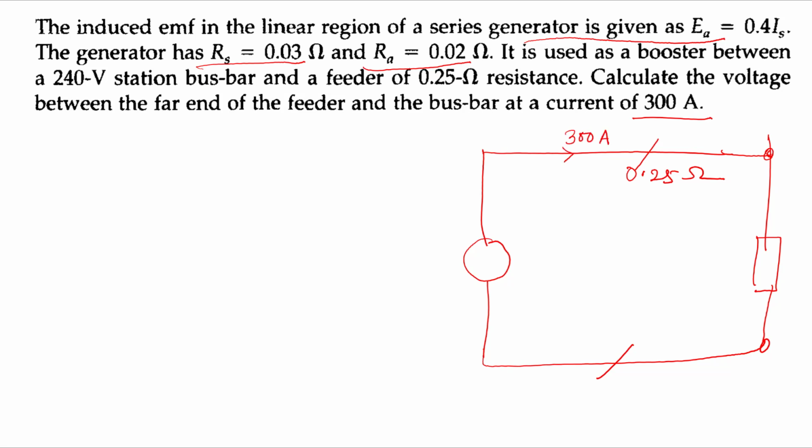Now, the series generator is connected here somewhere, and here we have the field winding. This is your substation, a 240 volt substation.